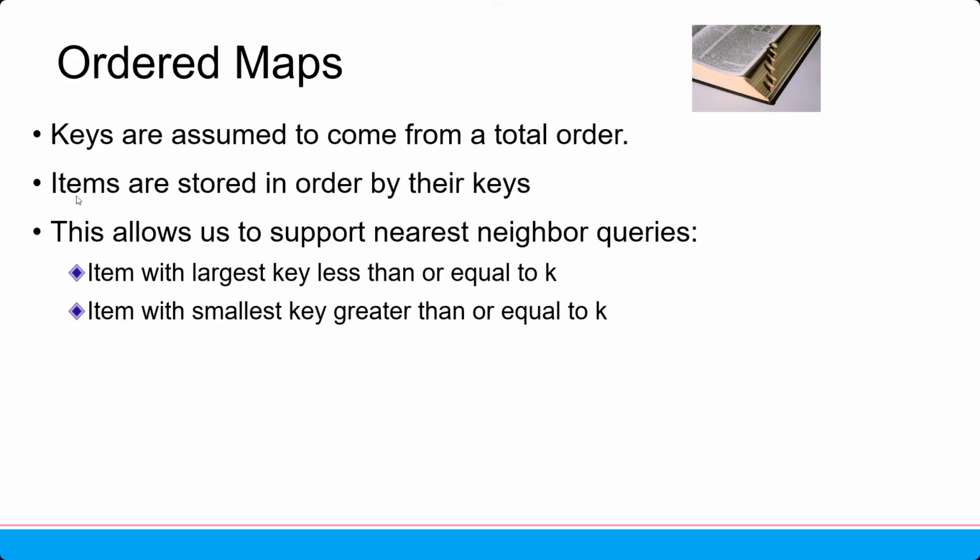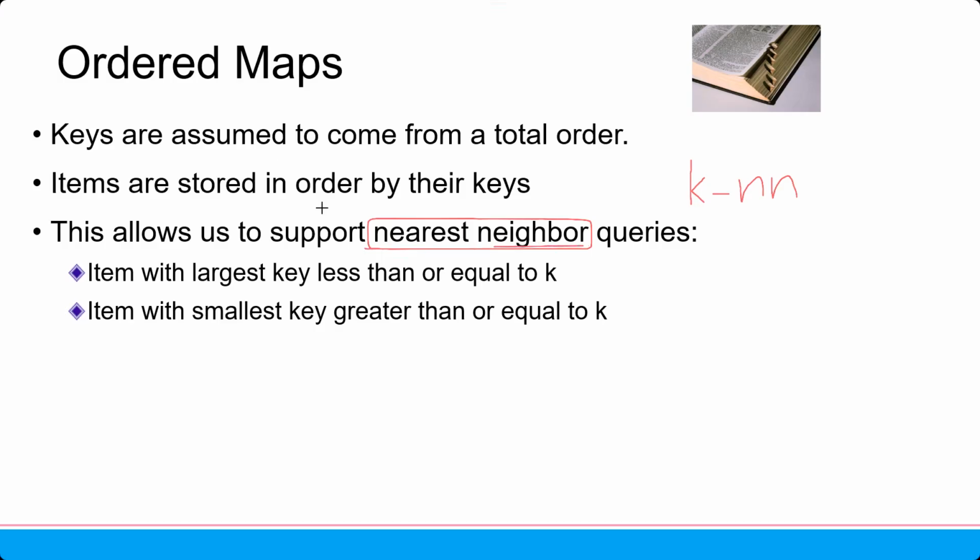So if we have items, then they will be saved according to the key. This allows us to support nearest neighbor queries. This is the basic idea of the algorithm. If you already learned machine learning, we have KNN, K nearest neighbor.